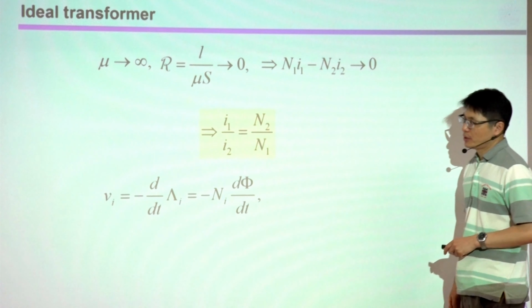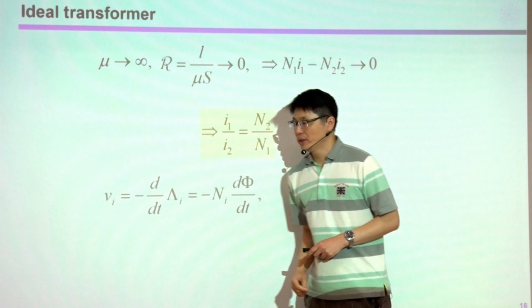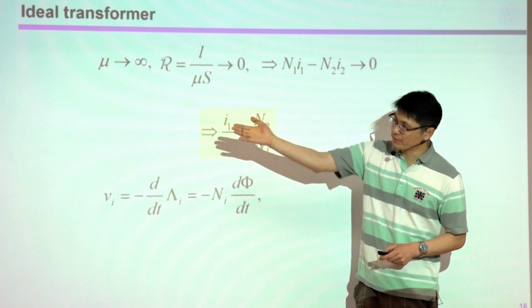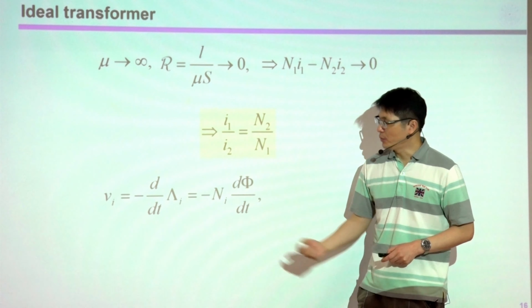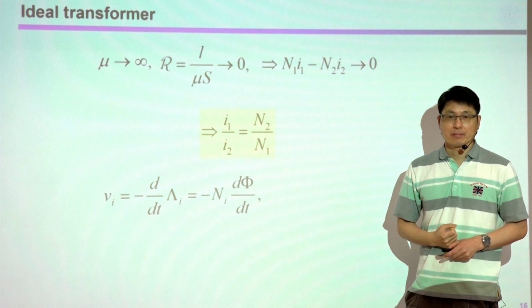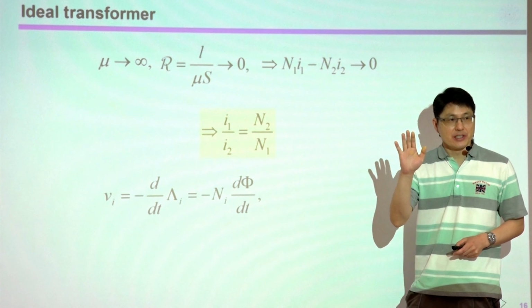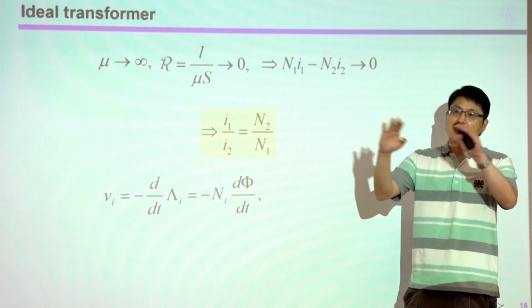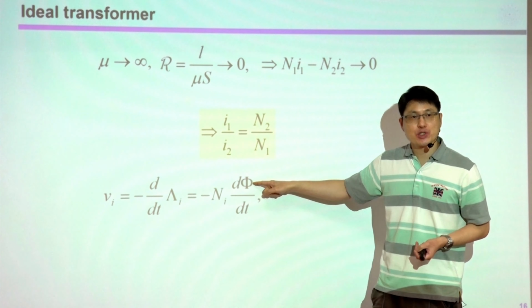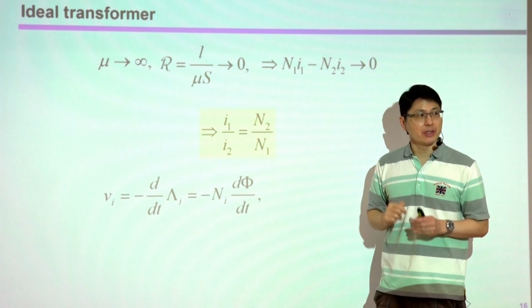What about voltage? Voltage for each coil is d phi dt, which is what Faraday taught us, multiplied by the winding number. Under the assumption of a perfect transformer, phi has to be equal for both coils.